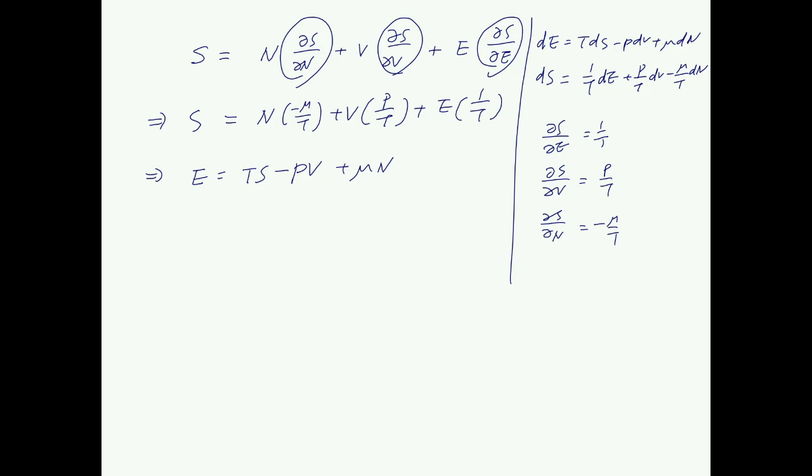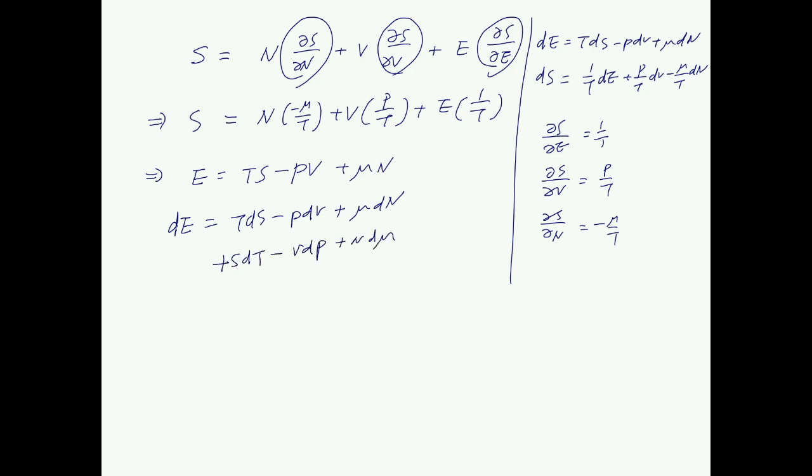Now if I take dE of this equation, I get two sets. One set is TdS minus PdV plus mu dN. Another set is SdT minus VdP plus N d mu.